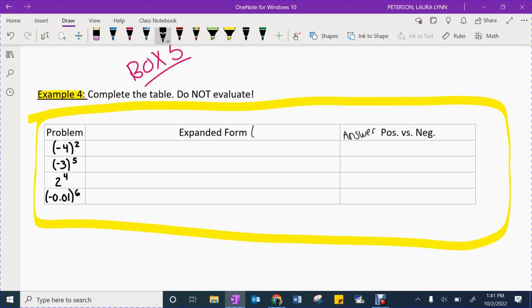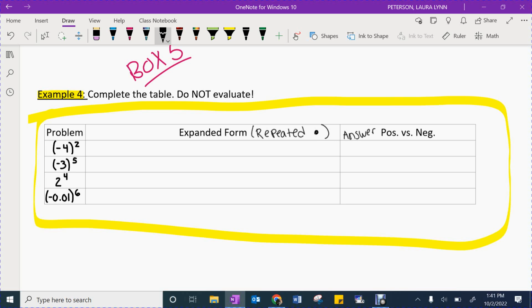Expanded form means repeated, and I'm not going to write out the word multiplication, I'm going to use the dot. Repeated multiplication. So we've practiced during this lesson how to start with repeated multiplication and write the exponent. I just want to go backwards, starting with something with an exponent and trying to write it out.